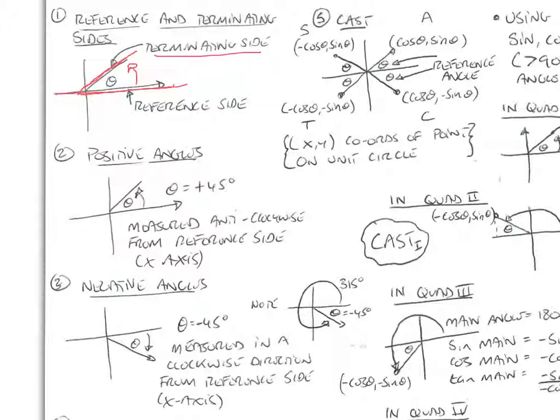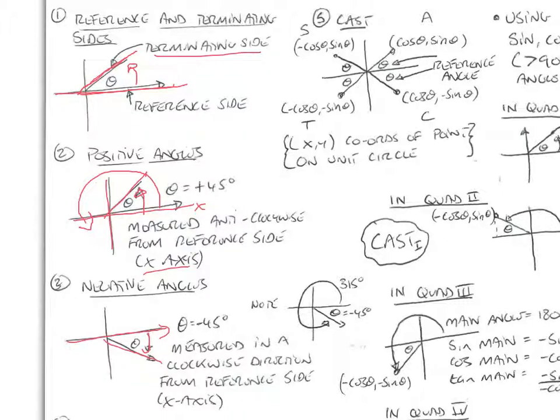If we talk about positive angles, we talk about angles which are measured from the x-axis, or from the reference side, which in this case is the x-axis, in an anti-clockwise direction. That's positive. Whereas negative angles are measured in a clockwise direction from our reference side, that is the x-axis.